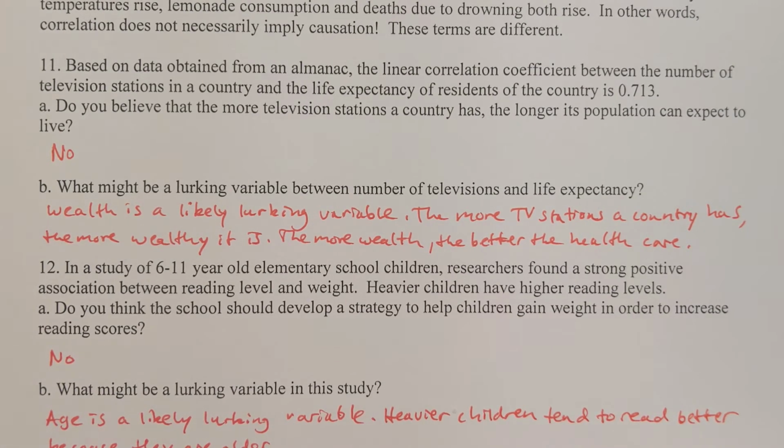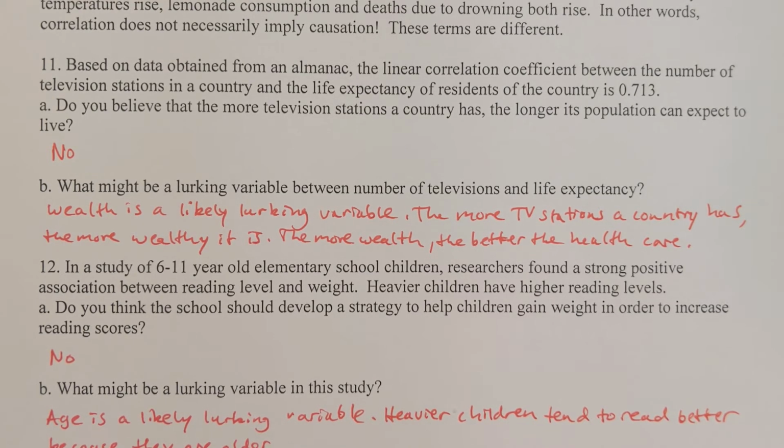Problem 11. Based on data obtained from an almanac, the linear correlation coefficient between the number of television stations in the country and the life expectancy of the residents of the country is 0.713. That's a good number. So part A, do you believe that the more television stations a country has, the longer its population can expect to live? So are people living longer because there's more television stations available?